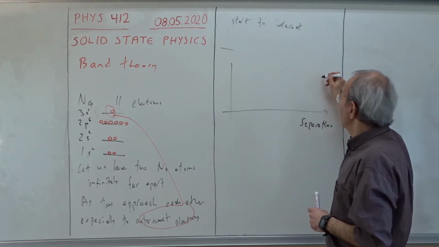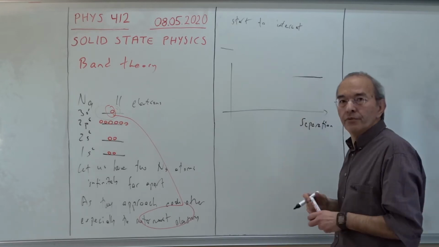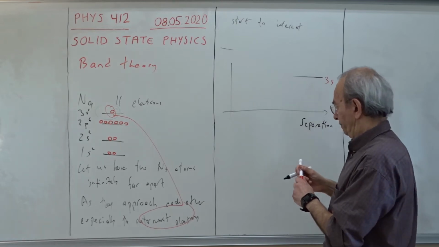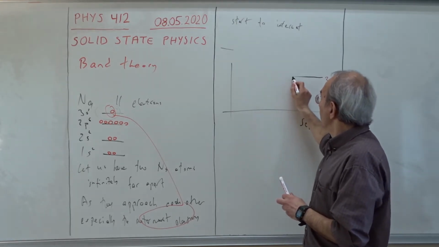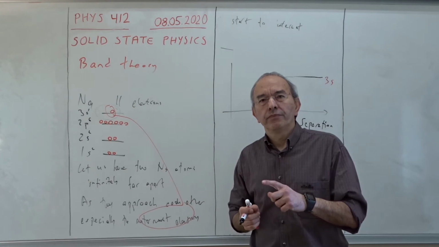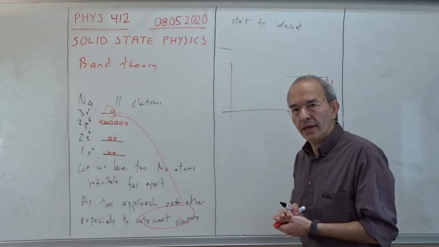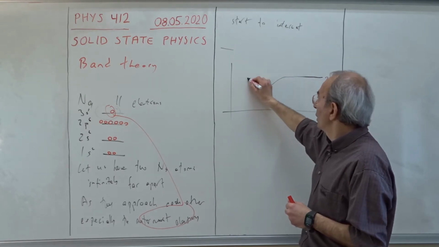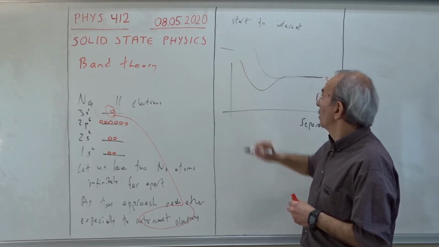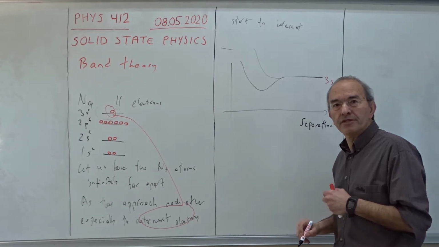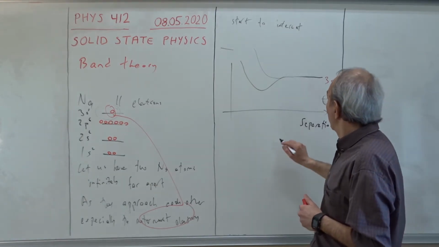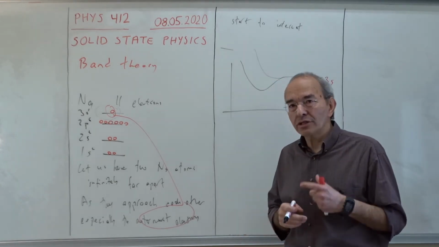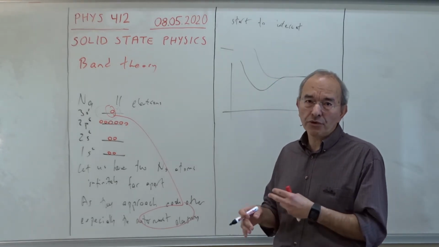So, for example, this one, which is the 3s level, will split into 2 as they are getting nearer and nearer. We have already been talking about the lattice constant, lattice parameter A, from the beginning of the course.